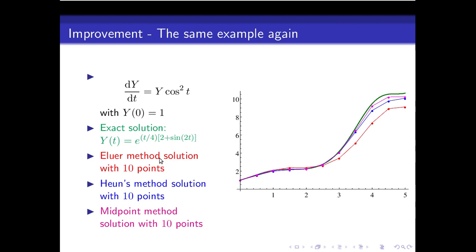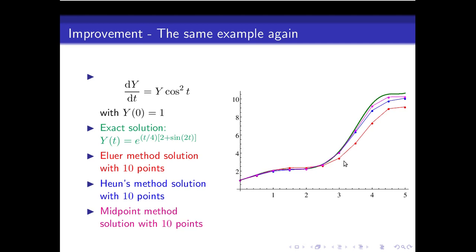And let us now compare three methods all together: Euler method with 10 points, Heun's method solution with 10 points, and midpoint method solution with 10 points. So all with 10 points, and check whether Heun's method and midpoint method improve the solution.